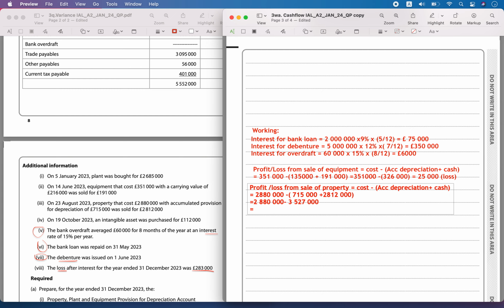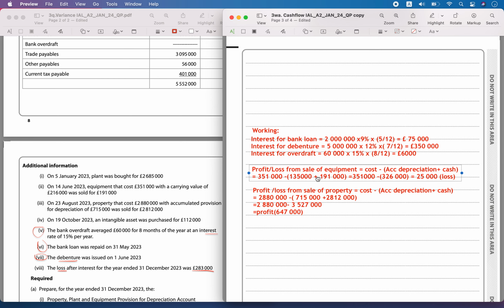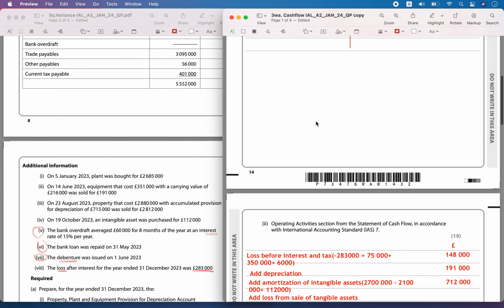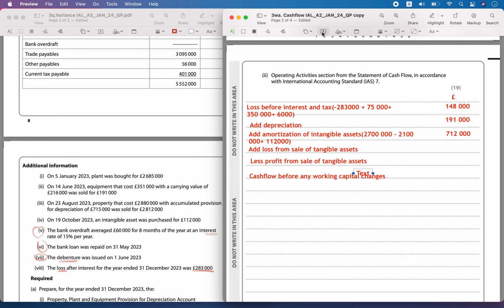Profit of how much? 3,527,000 minus 2,880,000 is equal to 647,000. So a profit of 647,000. Now we have to adjust these here.